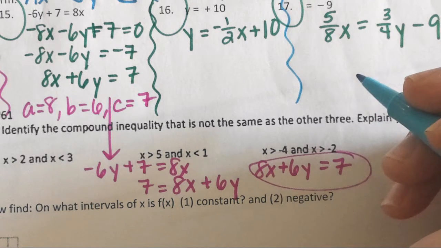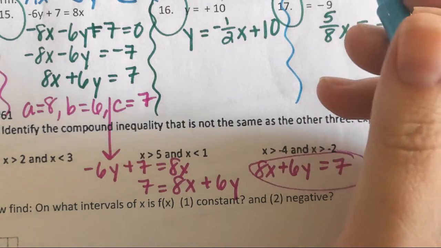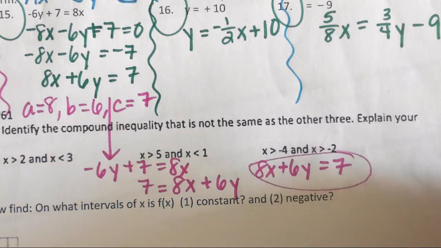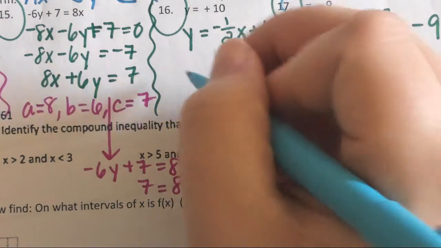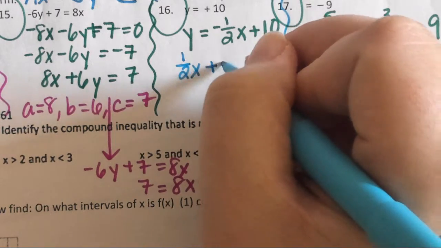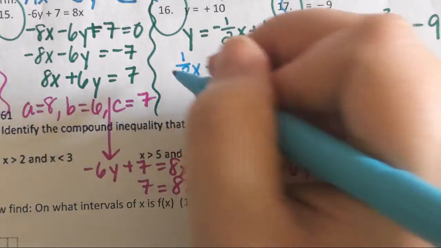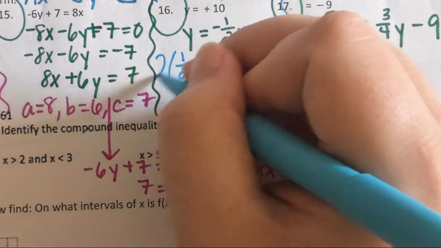Yes, table 5. x plus 2y equals 20. Okay, what did you do first? Tell me what your first step was. That's the correct answer. I just want to do the way you did. What was your first step? I added 1/2 x. Yeah. Okay, if we move that 1/2 x over, we would have 1/2 x plus y equals 10. And then you say, oh no, can't have a fraction. Let's multiply everybody by 2.